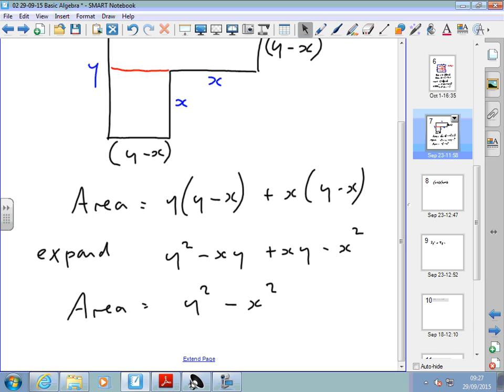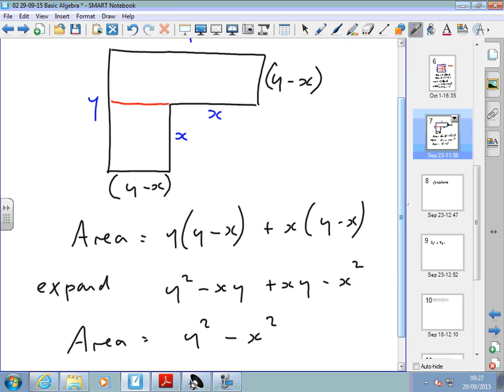A good illustration of how the laws of algebra can turn something that looks quite complex into actually something simpler. Simplify, that's where the term comes from. Okay? Have a look at that. So you're effectively taking away what would be x squared.